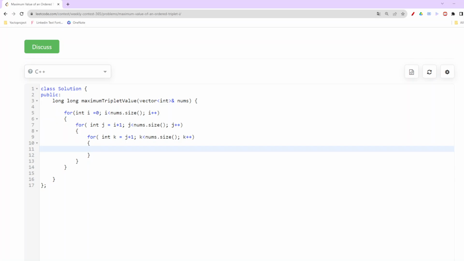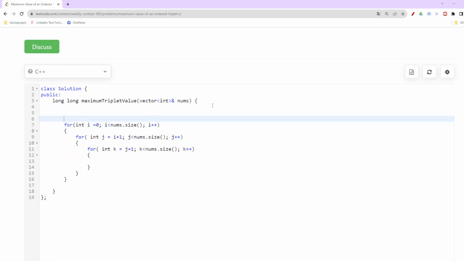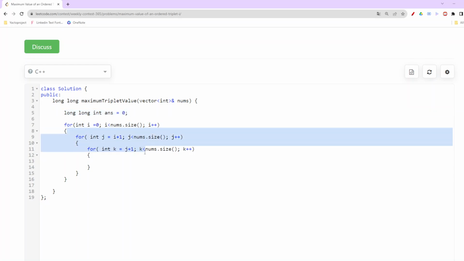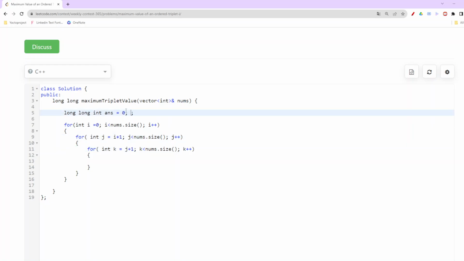Now the next thing which is here is the return type is long, right? So basically our answer should also be in this form only. And now, because we have taken these three loops, we would also require those three numbers as well.